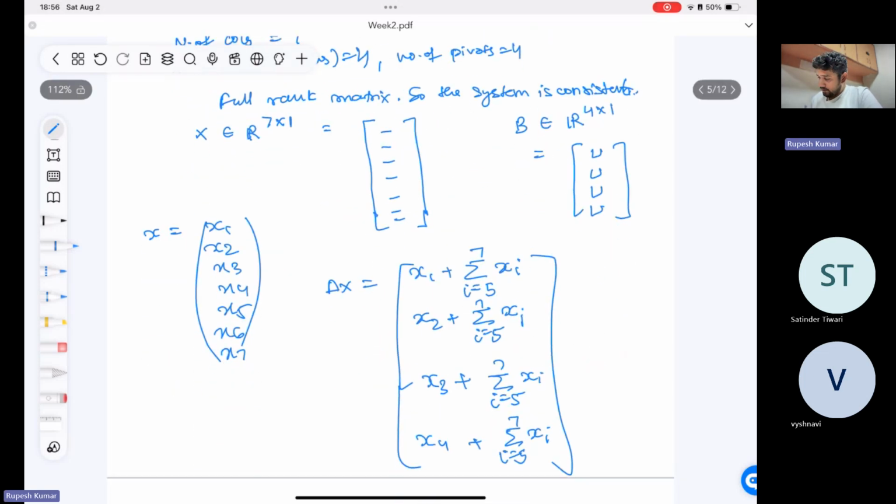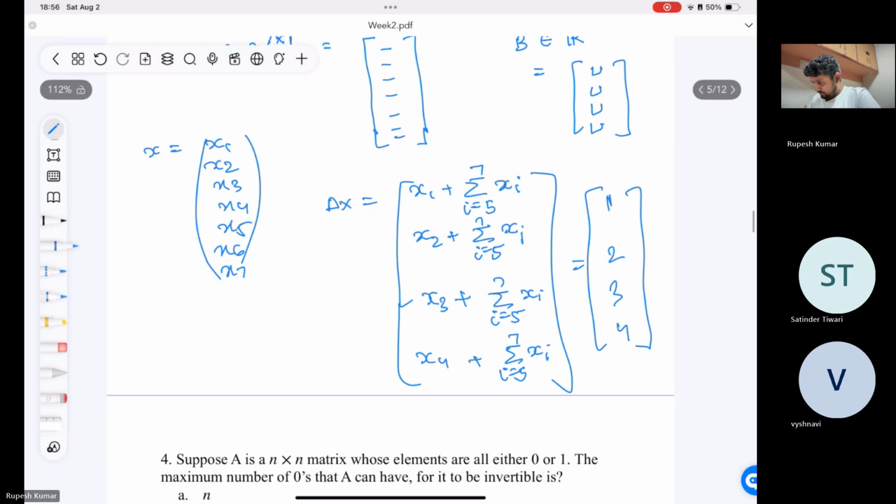The product Ax, and I want to equate it to some vector b, right? For example, let me choose some vector 1 2 3 4, right? Then how many possible scenarios are there where you can get a solution to this problem, right? You can choose any particular combination of these x values to get to the vector b here, which is a 4 cross 1 matrix, right?